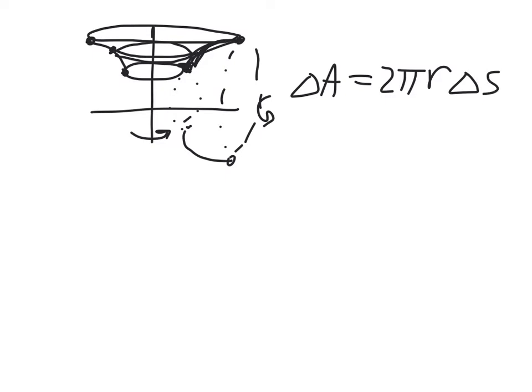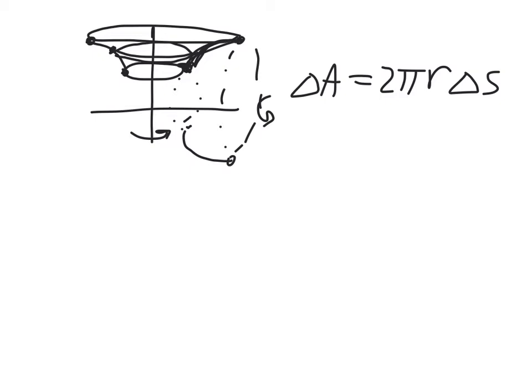Now the idea here, again, look at our slice. Okay. And, well, we said delta A for that slice would be equal to 2 pi r times the delta S. Still the same basic formula.